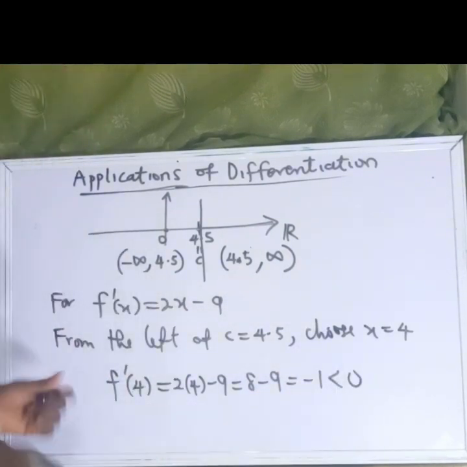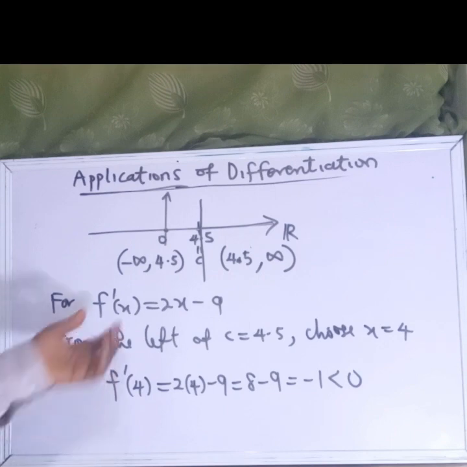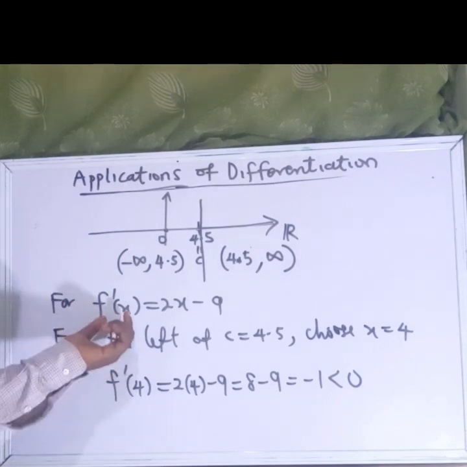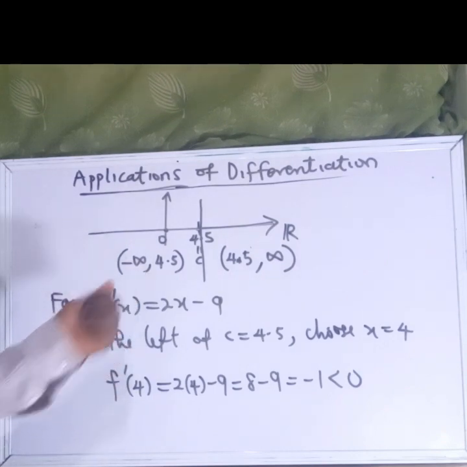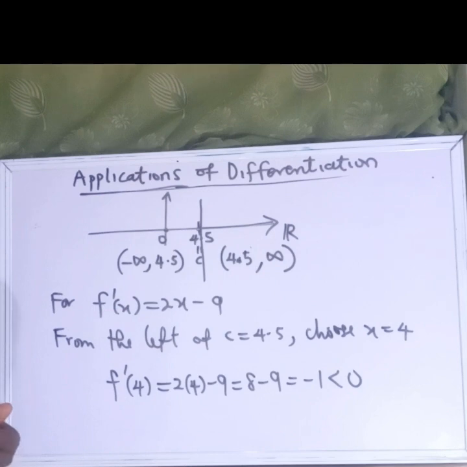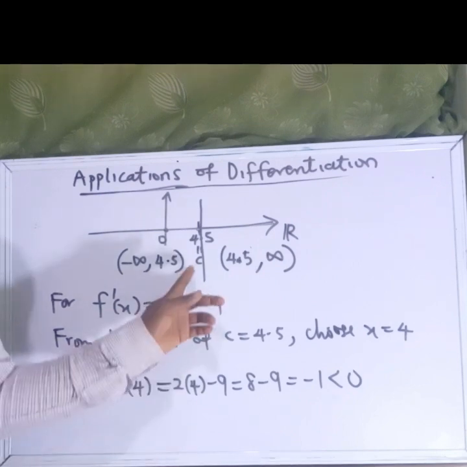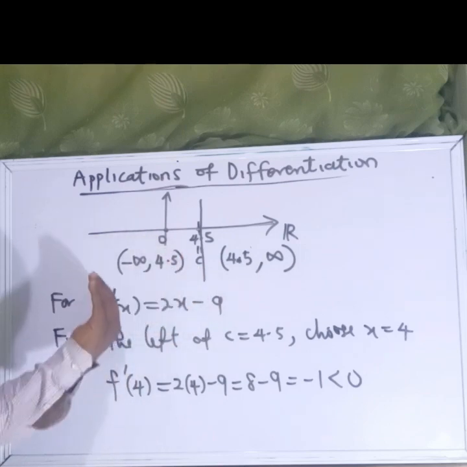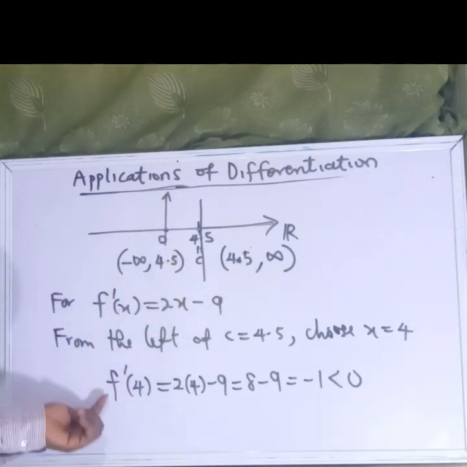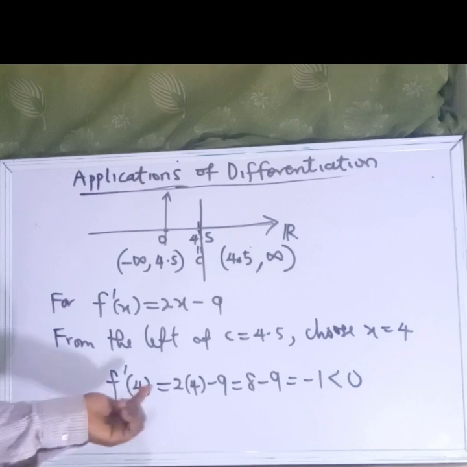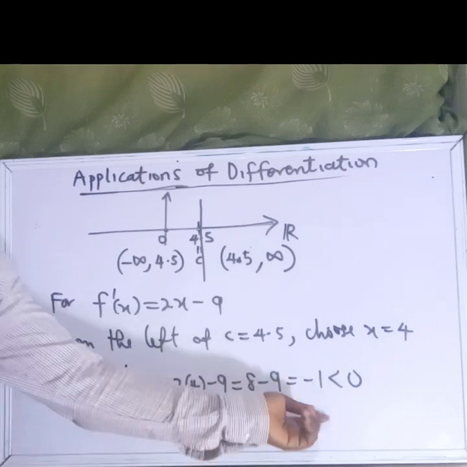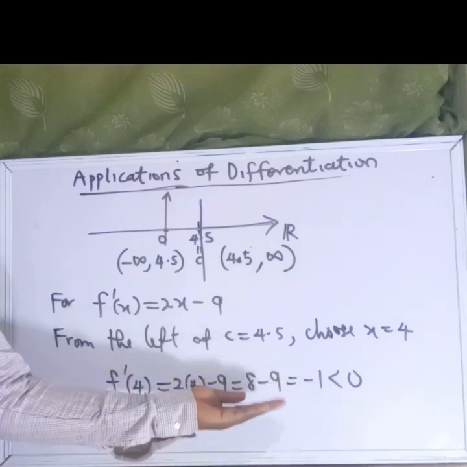What this is telling us is that the slope of the curve x squared minus 9x plus 8 is negative from the left of the turning point. According to the concept we described earlier, if the slope is negative, it means the curve is decreasing.